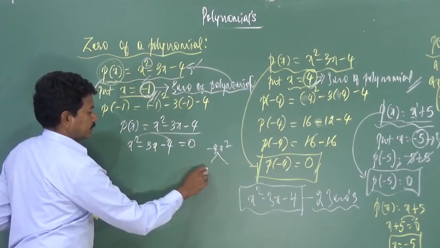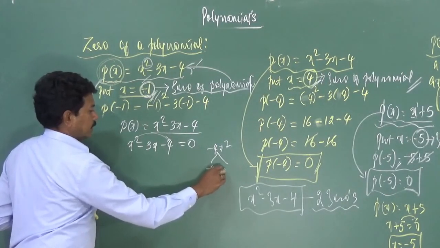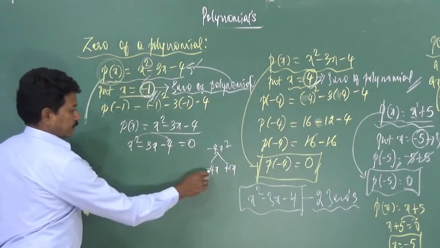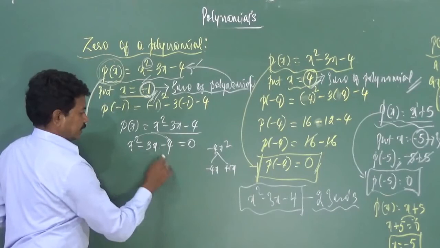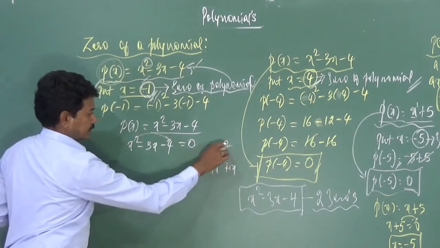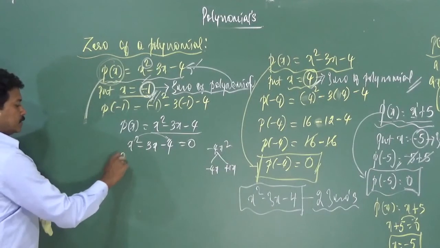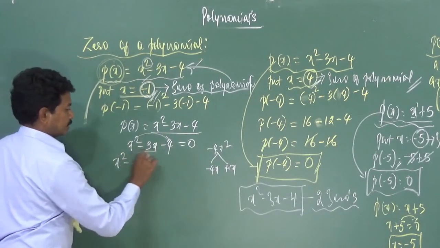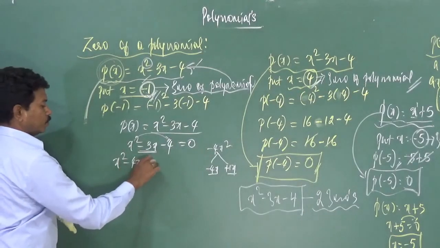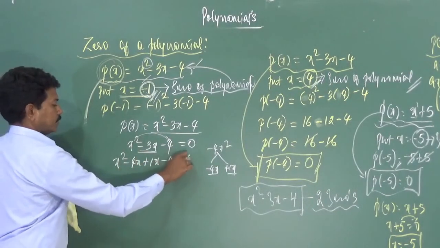So the best choice is minus 4x and plus 1x. Minus 4x plus 1x is minus 3x, and minus 4x into plus x is minus 4x square. So x square, instead of minus 3x, we substitute these two values: minus 4x plus 1x minus 4 is equal to 0.